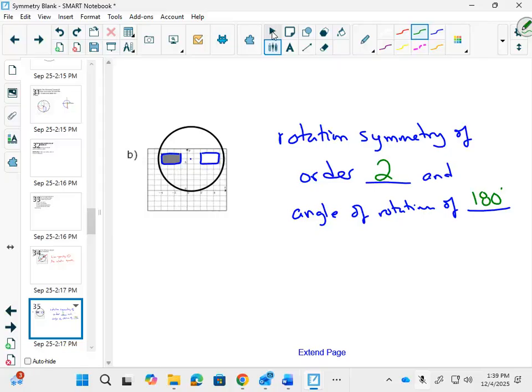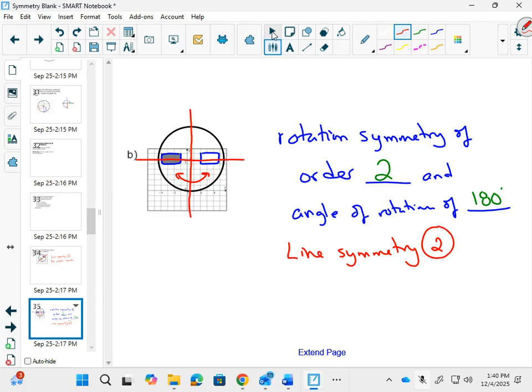Line symmetry. All right, can we see the line symmetry? I will try to draw this in red. We have one here. You see that one? And one there. So our line symmetry, there's 2 of them.